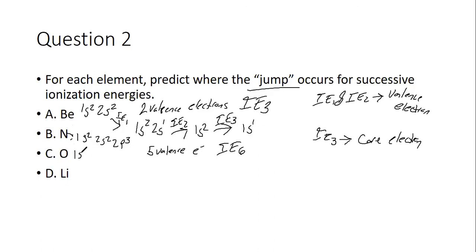Oxygen, 1s2, 2s2, 2p4. So therefore, it's going to be IE7 because I have 6 valence electrons. So at the 7th, I'm going to remove a core electron. And hopefully you're seeing the pattern here now. Lithium is 1s2, 2s1 and has 1 valence electron.